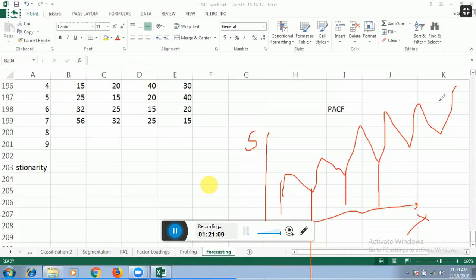A series is stationary when, over time, it has a constant mean and a constant variance. What does that mean? If I take the first 3 months and the second 3 months, the average over here and the average over here will be different.